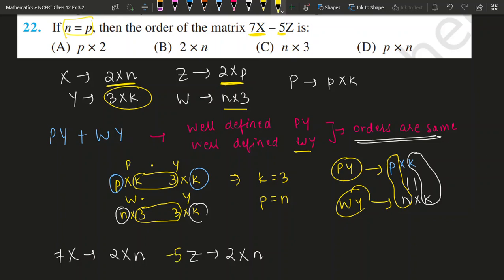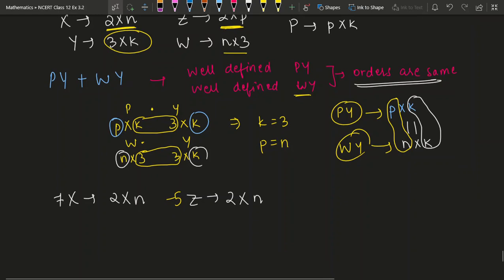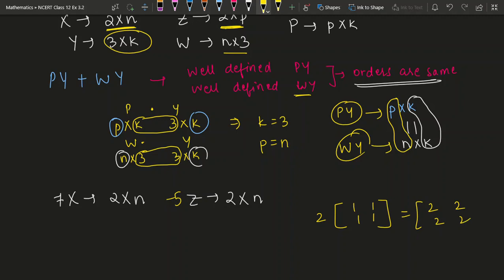Even if you multiply all the elements by doing the scalar multiplication, you do not change the order. So if you multiply a matrix of 1, 1, 1, 1 by a scalar 2, the answer still has the same order as you started with. So 7X would have the order 2 cross n, and -5Z would have the order 2 cross n again.